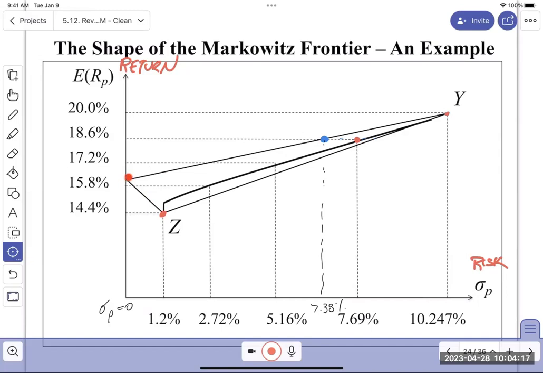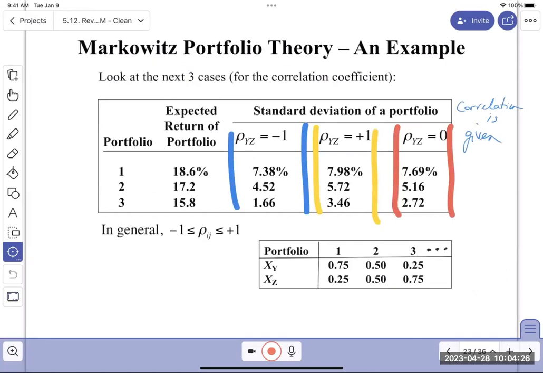We would be interested in knowing this, and you can actually calculate that one in the case that assets are perfectly negatively correlated. So what did we do? I showed you that we can combine Y and Z with more of Y in it. So more of the risky asset.